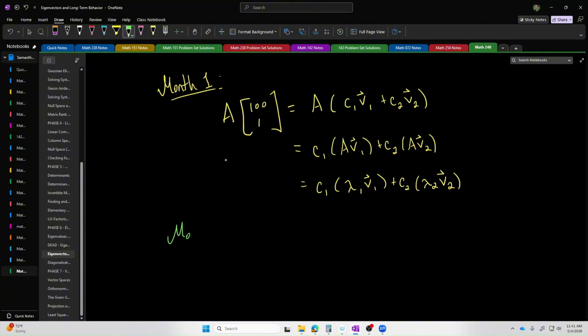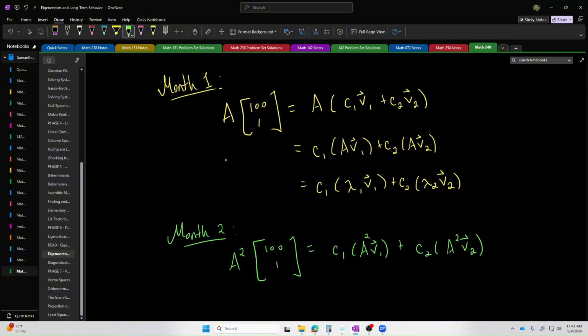If I want to know what happens in month number 2, corresponding to applying 2 copies of the matrix A, then I would just be multiplying the eigenvectors by 2 copies of the matrix A. And every time the eigenvectors are multiplied by A, they are scaled by a factor of lambda. So this would correspond to lambda squared times V, and in the back, the other lambda squared times V, and so on and so forth.